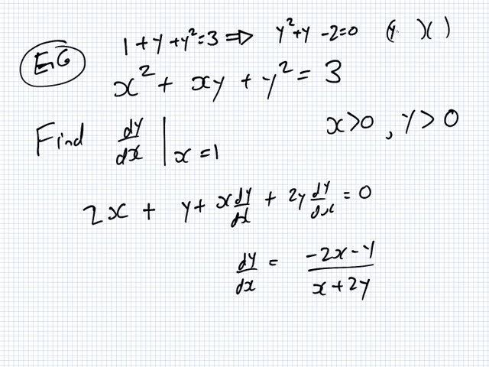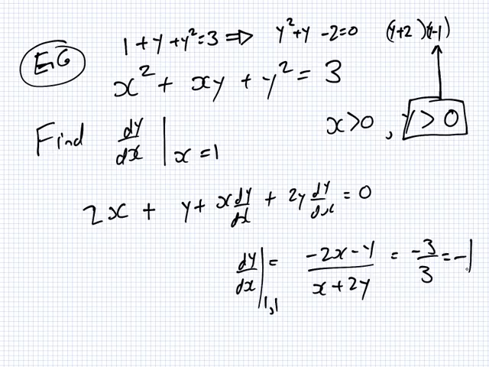So what's that? (y plus 2)(y minus 1). So we only take this answer because I said y is positive. So we know that x is 1 and y is 1. So that's minus 3 over 3, which is minus 1, which is what you said. Yes. And you too. What was the mistake?